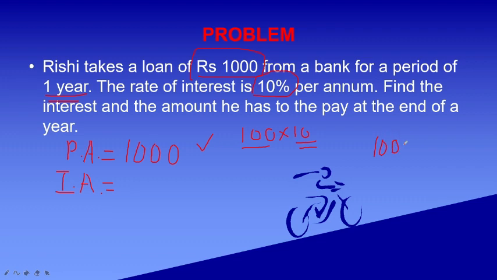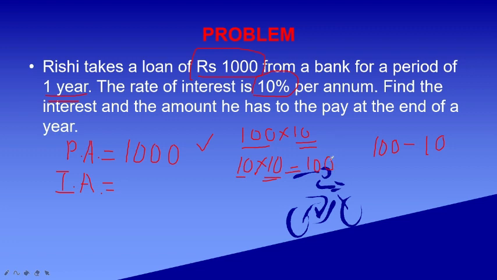So here given 10% means each 100 the bank will charge 10 rupees. So here 100 how many times? 10 times. Then we will find 10 into 10, and one time is charged 10 rupees. So 10 into 10 is 100.